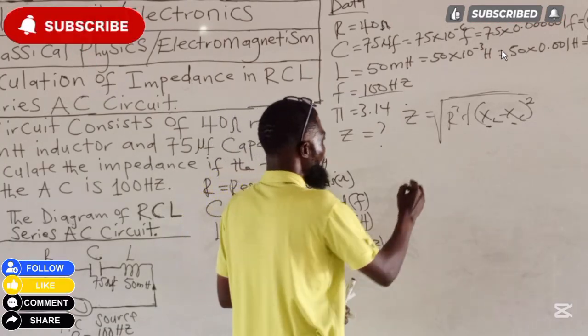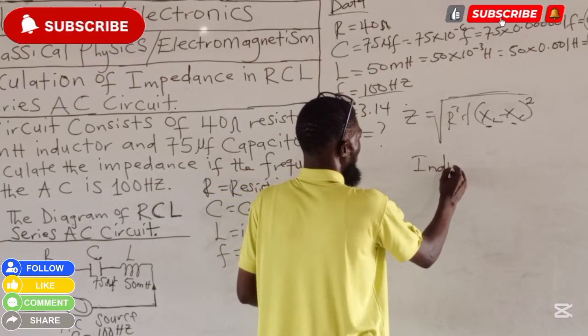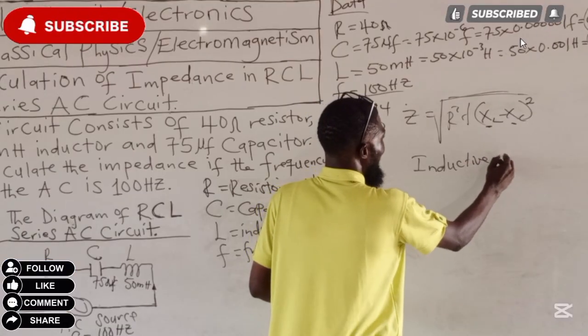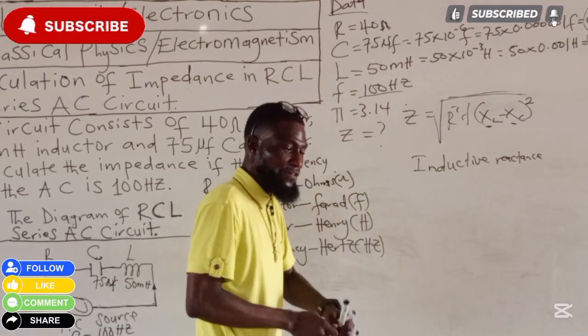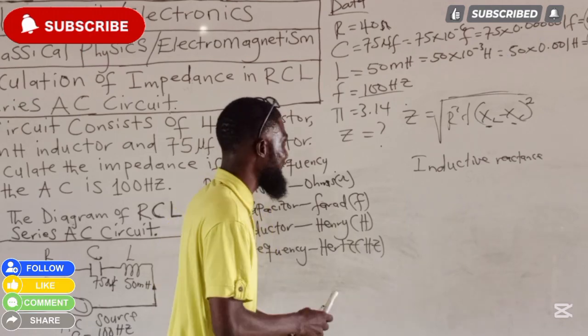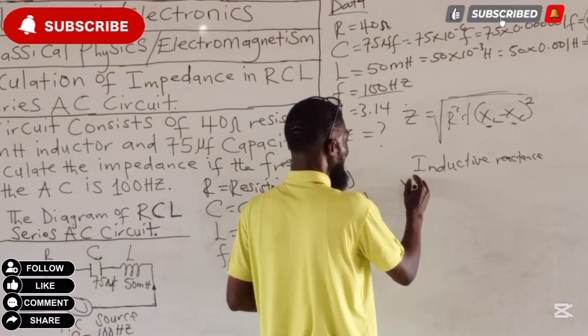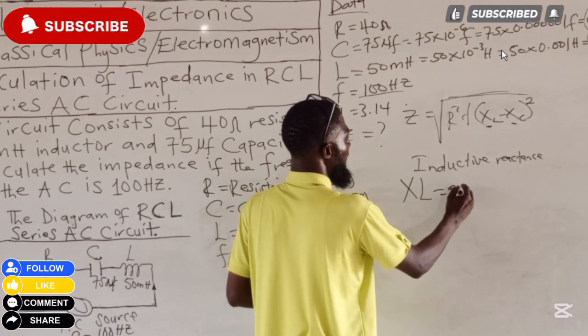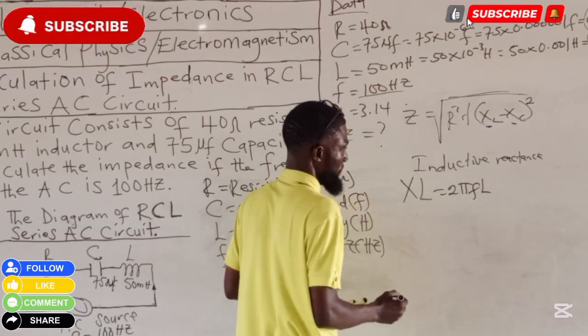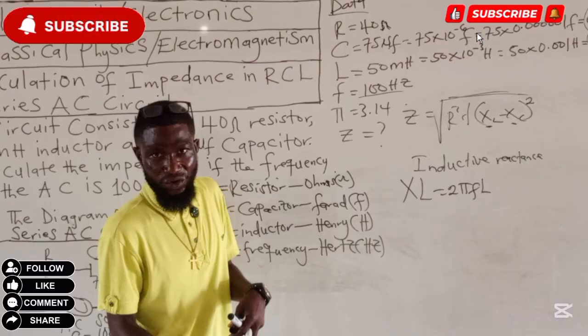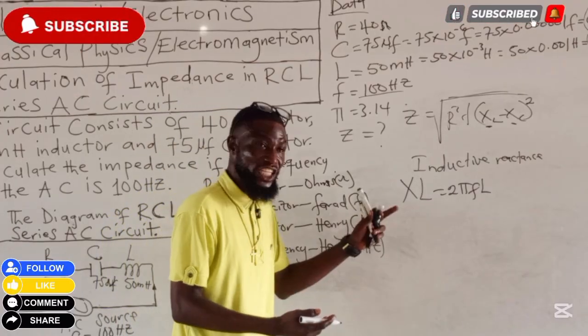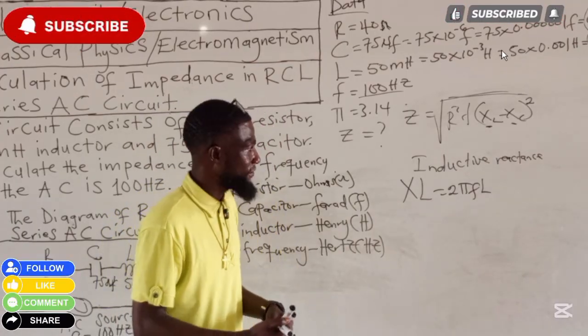So on this note, we start with the inductive reactance, and the formula we'll be using is XL equals 2 pi FL. Remember that the inductive reactance is the opposition that the inductor offers to the alternating current.